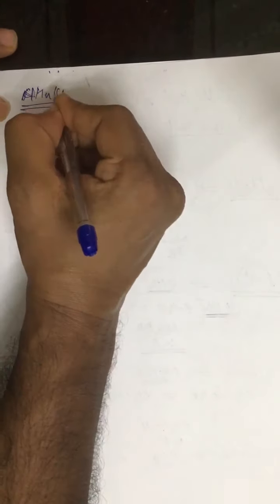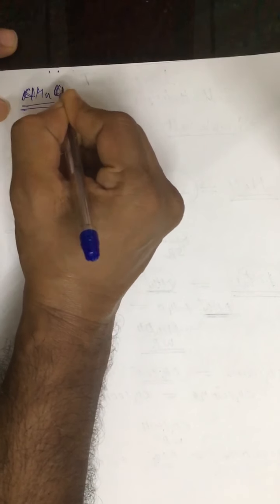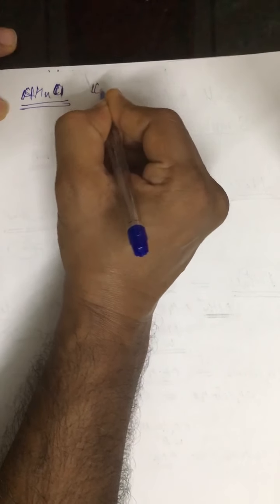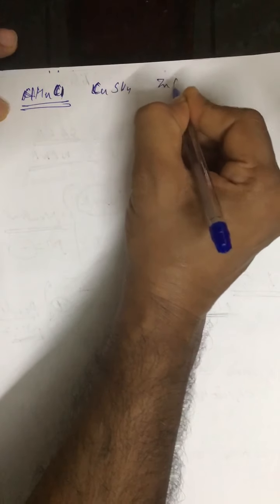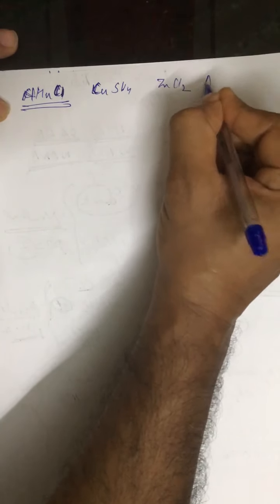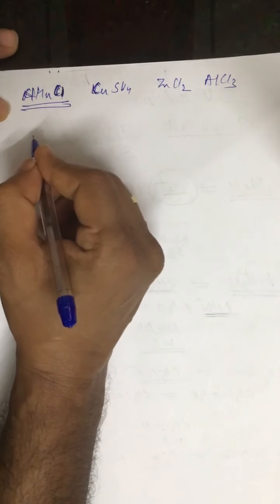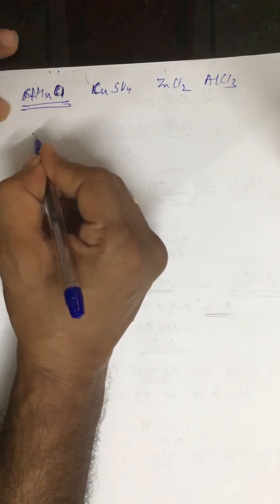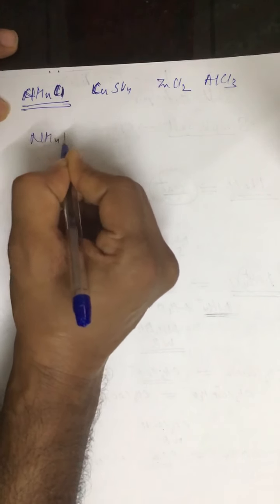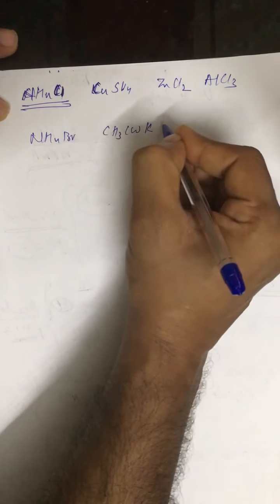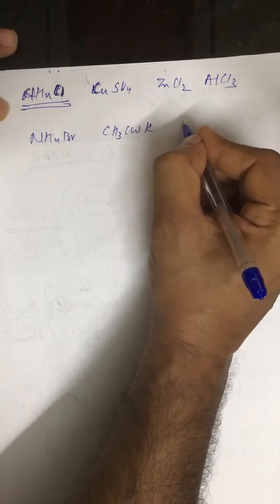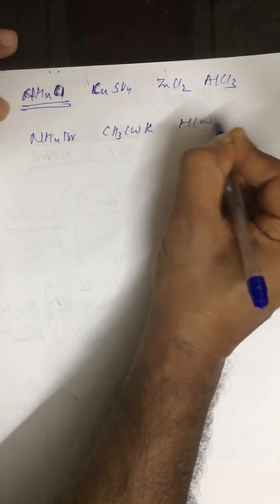So simply you have to check, like we are given NH4Cl, or CuSO4, or ZnCl2, or AlCl3, or NH4Br, or potassium acetate, or say sodium formate, like that. What is the nature of the aqueous solution?